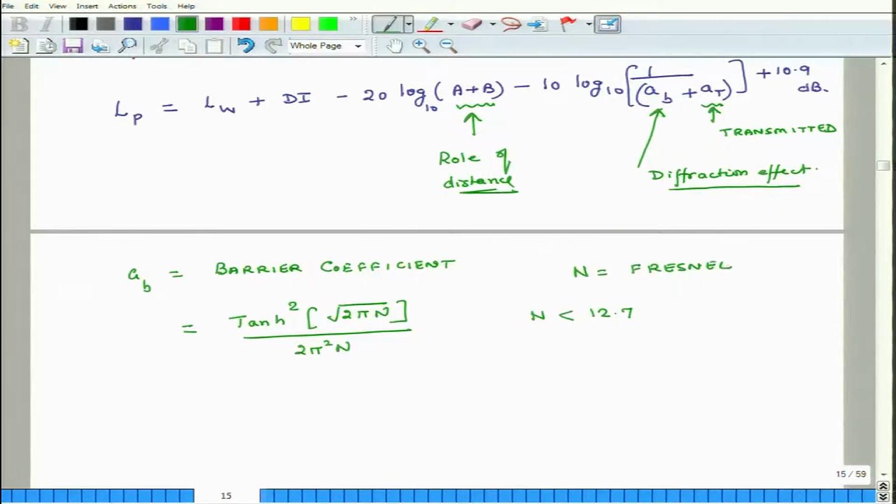If you do some studies on diffraction, you will see this term, Fresnel number. And this is equal to 0.004 for n more than 12.7.